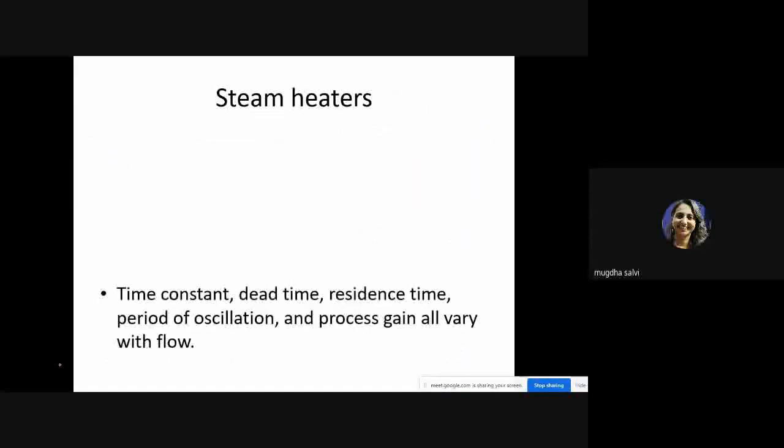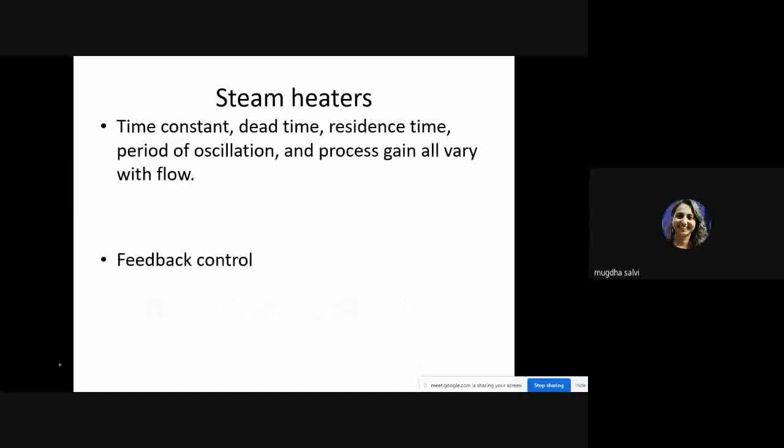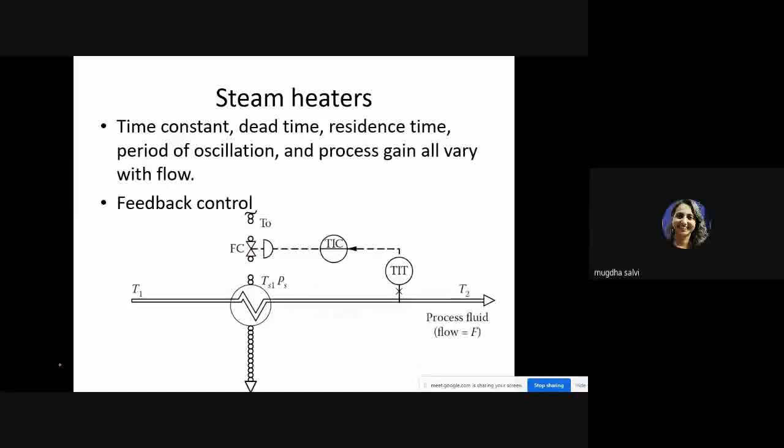The next we are going to see is steam heaters. In a steam heater, you have to take care of the time constant, dead time, residence time, period of oscillations, and the process gain, which will vary with the flow.